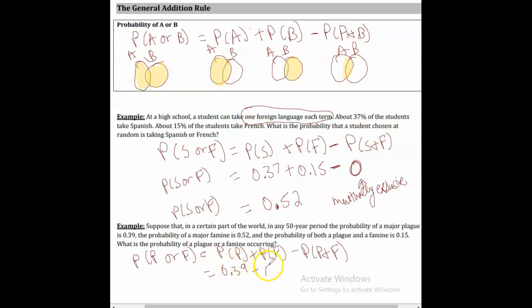Notice I'm converting all these to decimals. A famine is 0.52, and both is 0.15, or 15%. So the probability of a plague or a famine in a certain part of the world is 0.76, or if it's helpful to think about it, that's 76%.